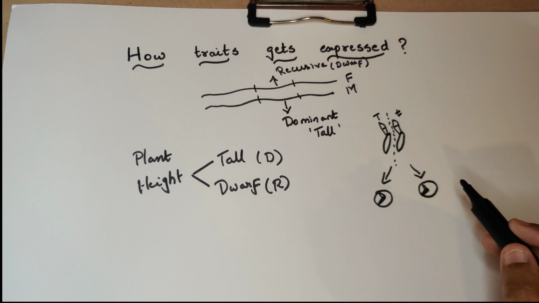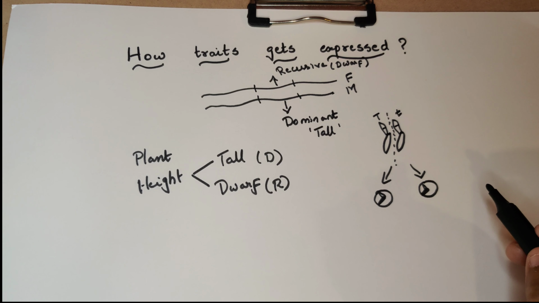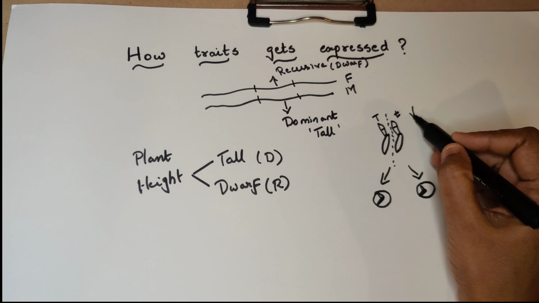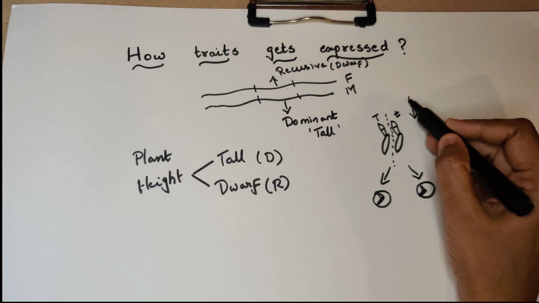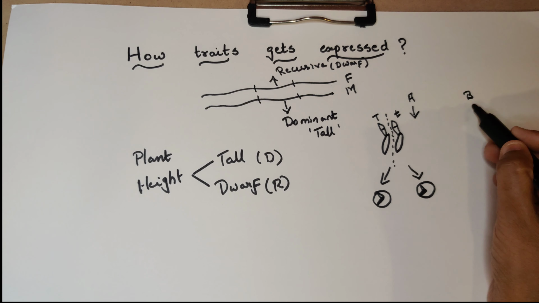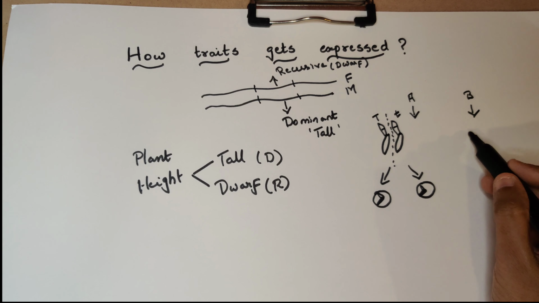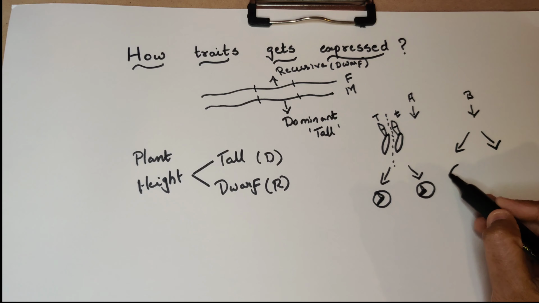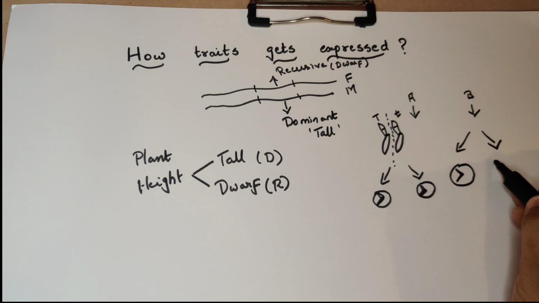So each parent will contribute a single set of genes. So this is from one organism. This is parent A. Similarly, the same will happen for parent B. So here also there will be one set of chromosomes, and another set of chromosomes here.